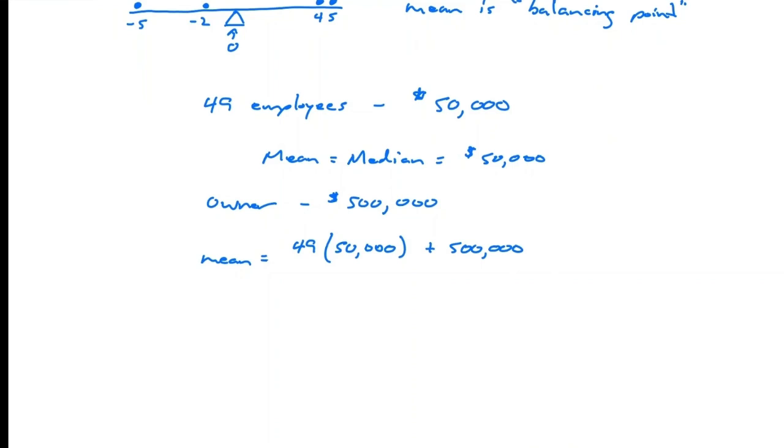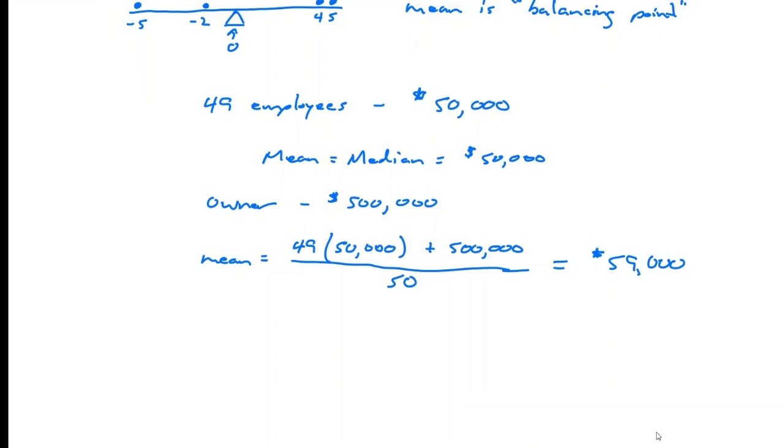And then if I divide that by 50, 49 employees plus myself, that gives an average salary of 59,000. So if I were to market my company and try to give people a reason to come work for me, I could say, for example, the average salary is $59,000. That's pretty good.